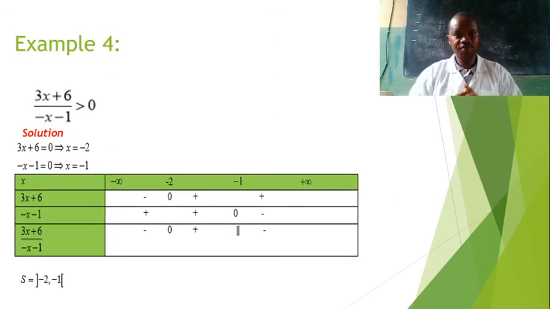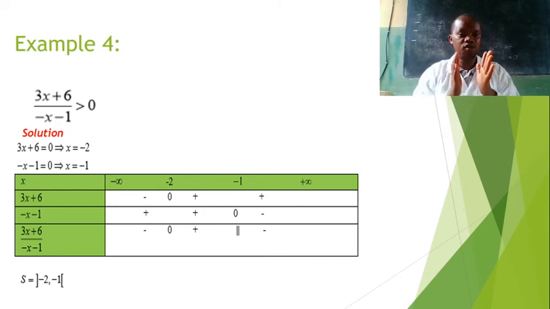We have another example, which is example 4, the last example. 3x plus 6 over minus x minus 1 greater than or equal to 0. So in the solution we do the same.